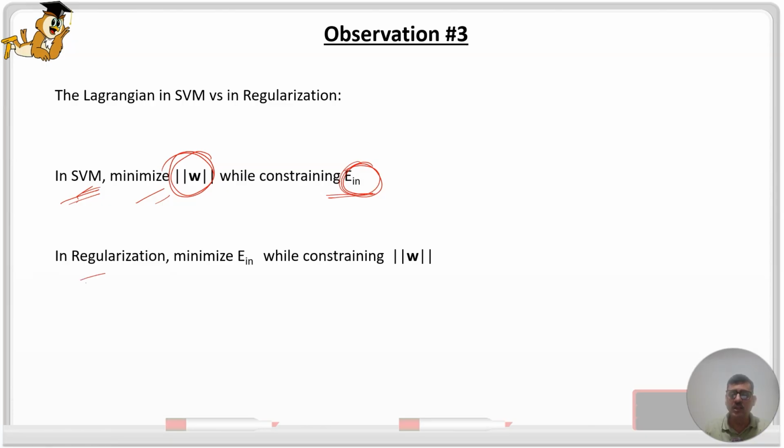If any of you remember, in regularization we minimized the in-sample error E in while constraining the norm of W. We said W transpose W equals C. So we were constraining the norm of W and minimizing E in. That is the symmetry that I am talking about. Here you minimized W while constraining E in. In that case, you minimized E in while constraining W. It's just an interesting observation that I thought you should be aware of.